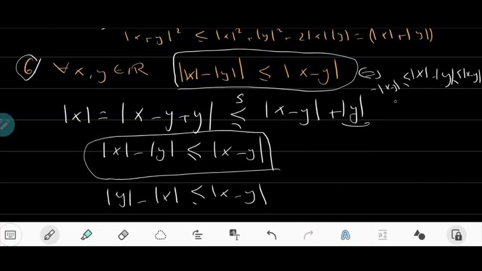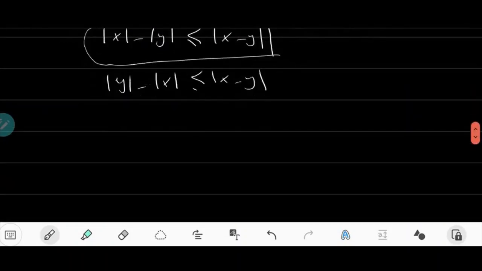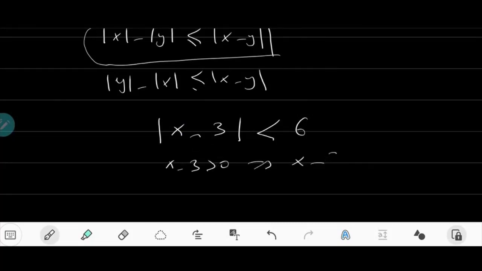Let me point out something. What I wrote in here, I will explain it in here. So if you have, for example, the absolute value of x minus 3 less than 6, it means that if x minus 3 is positive, we have x minus 3 less than 6, because the absolute value of x minus 3 is equal to x minus 3. And if x minus 3 is negative, we have the absolute value of x minus 3 equal to minus x plus 3, which means that it's minus (x minus 3) less than 6.